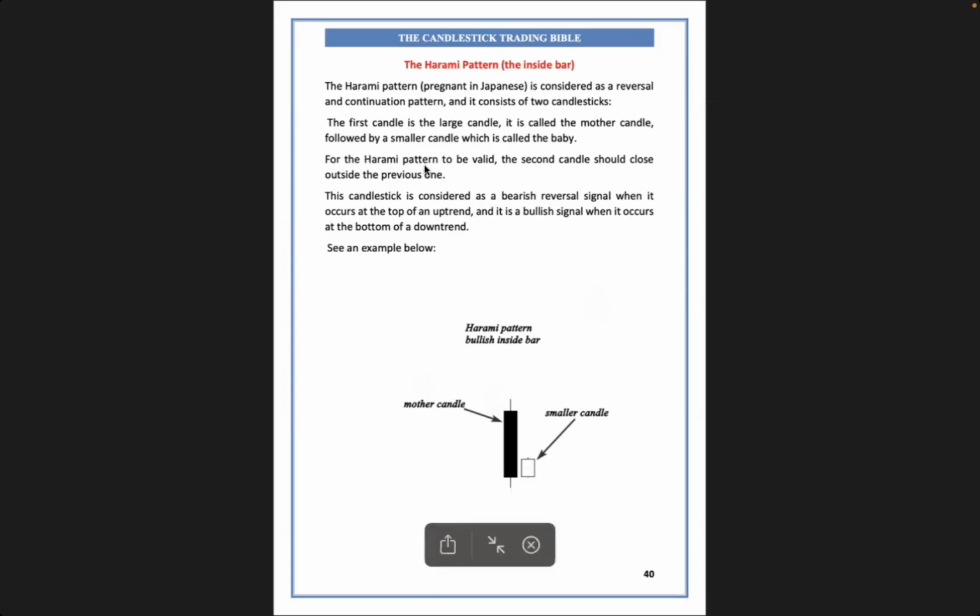I don't understand the statement: for the harami pattern to be valid, the second candle should close outside the previous one.